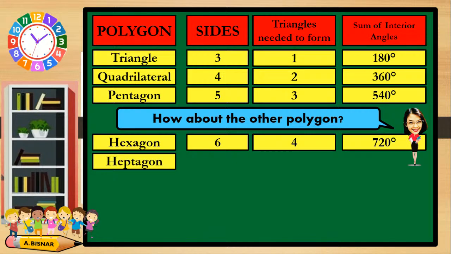How about with heptagon? How many sides, how many triangles needed, and then what is the sum? With heptagon.